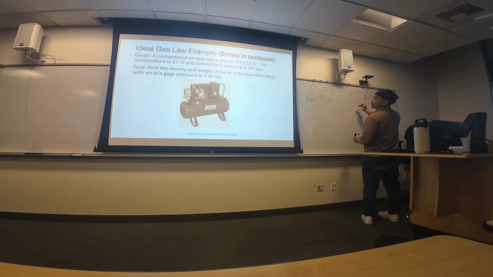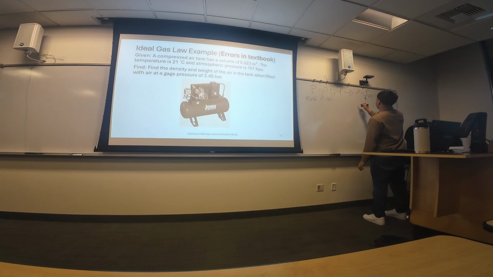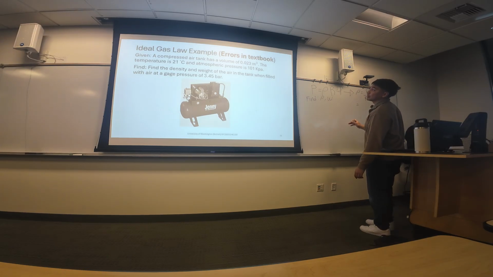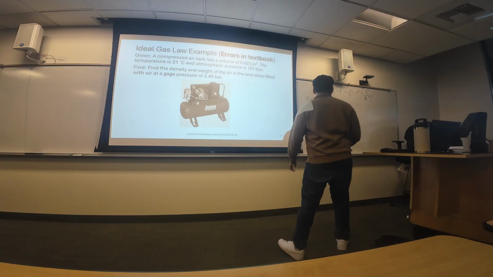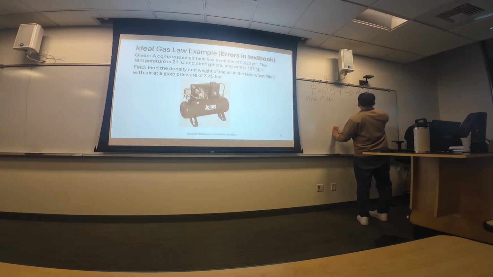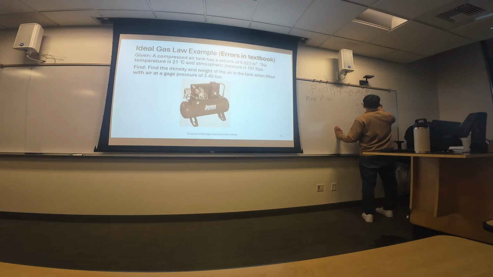So we already have our P. Your P is going to be atmospheric pressure at 101 kilopascals plus the gauge pressure. So you're going to add the two pressures together: 3.45 bar, and if you do dimensional analysis, this is going to be 100,000 pascals over 1 bar.